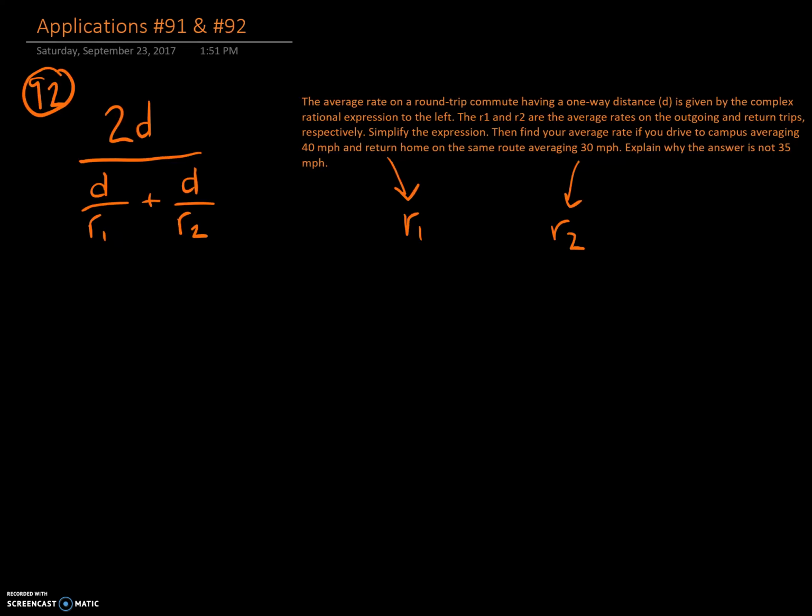All right, so let's start by trying to simplify this expression. So we have 2d all over d over r1 plus d over r sub 2. Now if you remember from previous videos and previous work, we can worry about the denominator. If I take d over r sub 1 plus d over r sub 2, just remember, how do I add fractions? Well, they have to have a common denominator.